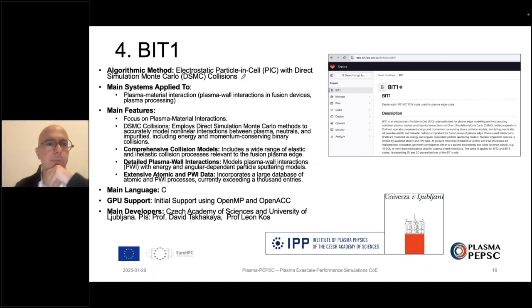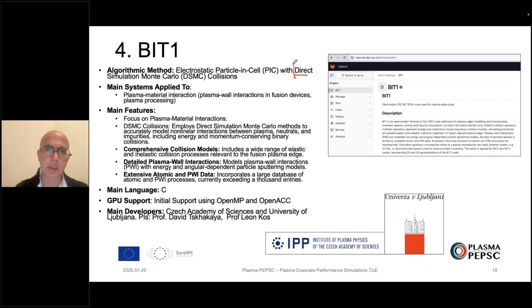This is a fantastic and unique code. It is an electrostatic particle-in-cell code. We discretize and sample the distribution function with particles, and we follow their trajectories. The beautiful part of this code is that it models atomic processes, collisions, and interaction with the wall at very high accuracy.